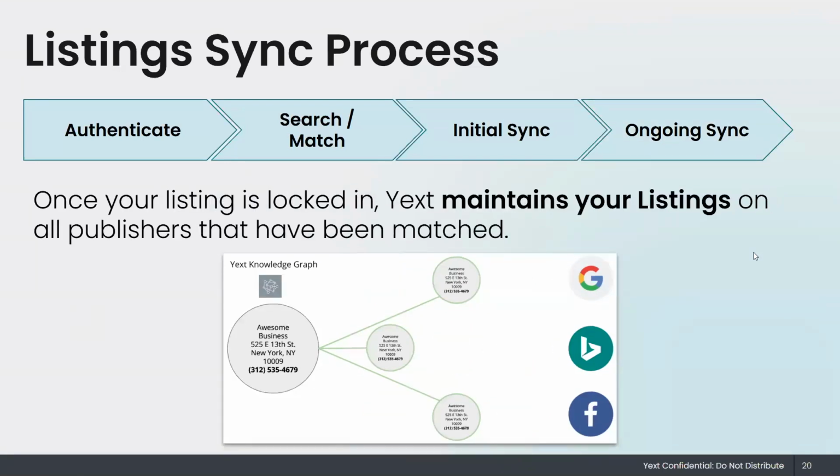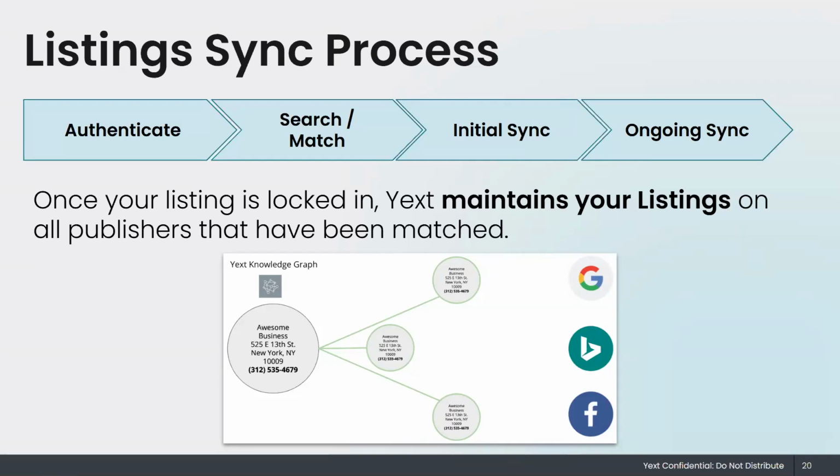Once we have the proper permissions after the match and scan phase, Yext performs an initial sync of your data with all of the supported publishers, including what we call the extended network, those long tail publishers. And once that has been done, the information is automatically synced from the knowledge graph to all of those connected publishers where there is a synced connection.